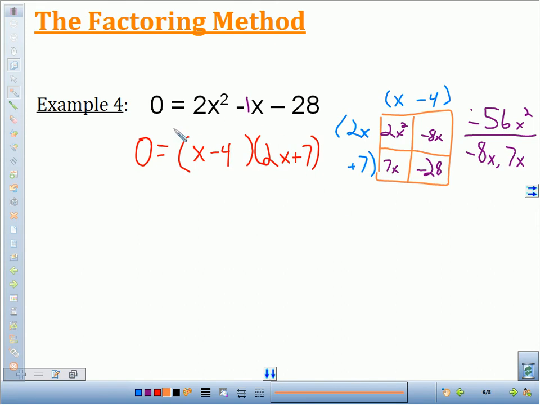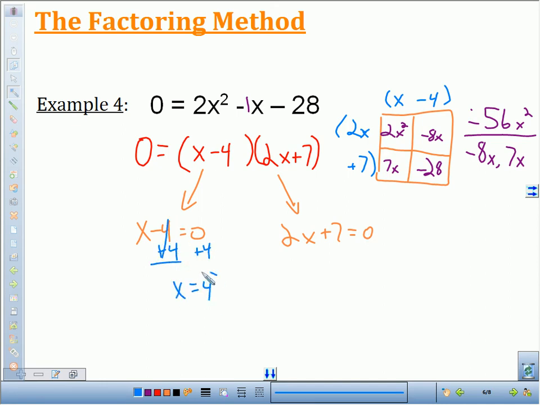And now we can use the zero product property, because the product of these two expressions equals 0, that means that either x minus 4 equals 0 or 2x plus 7 equals 0. Over here, add 4, we get x equals 4 as one of our solutions. So one of the places where this quadratic equation, this parabola, crosses the x-axis is at 4.